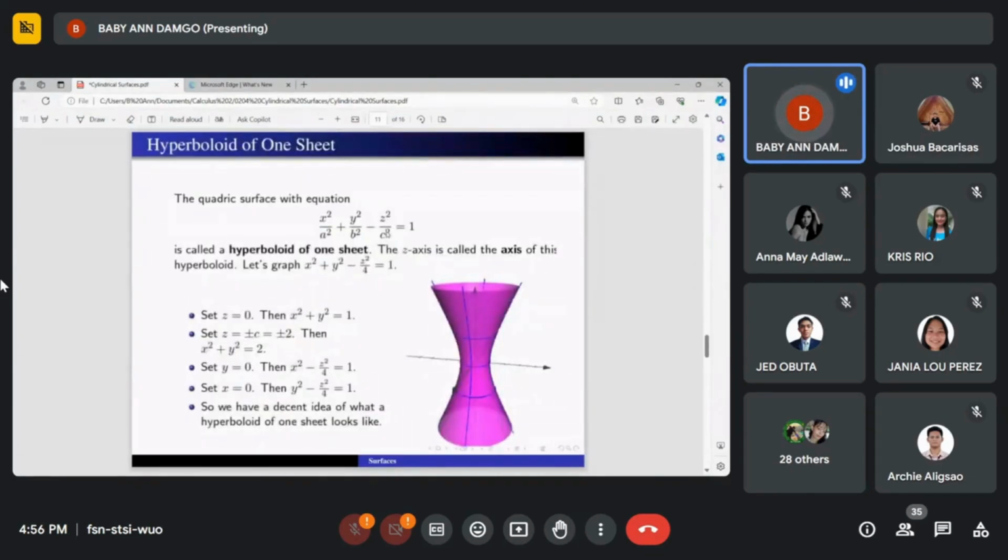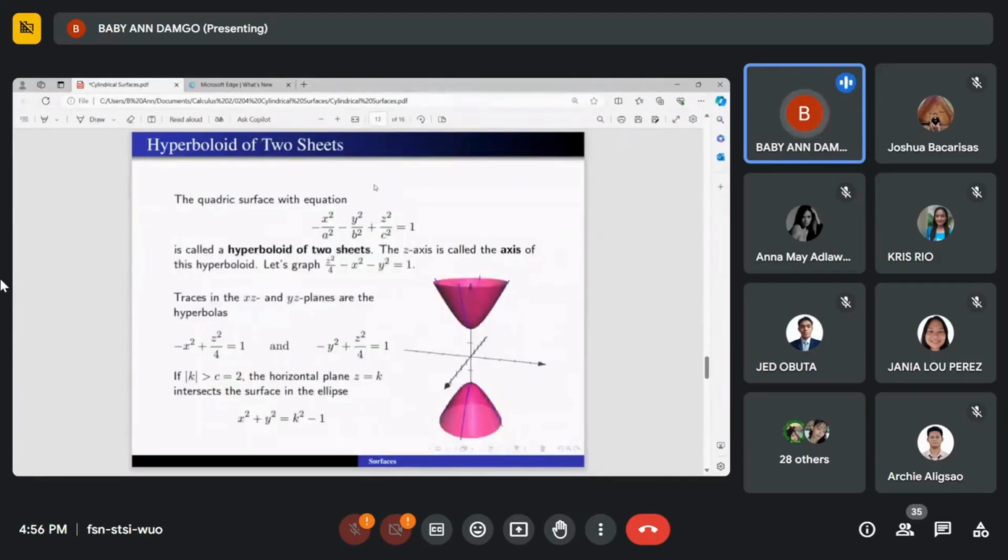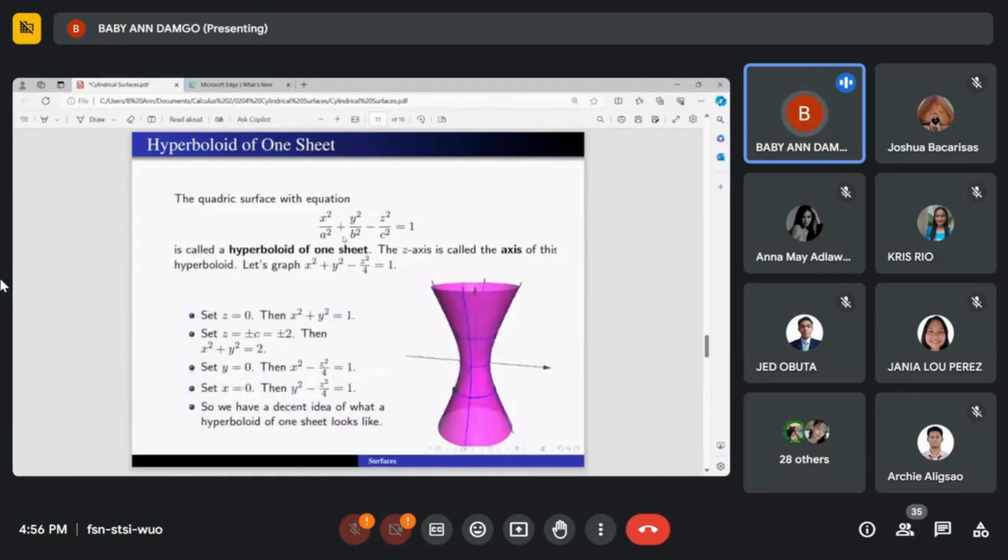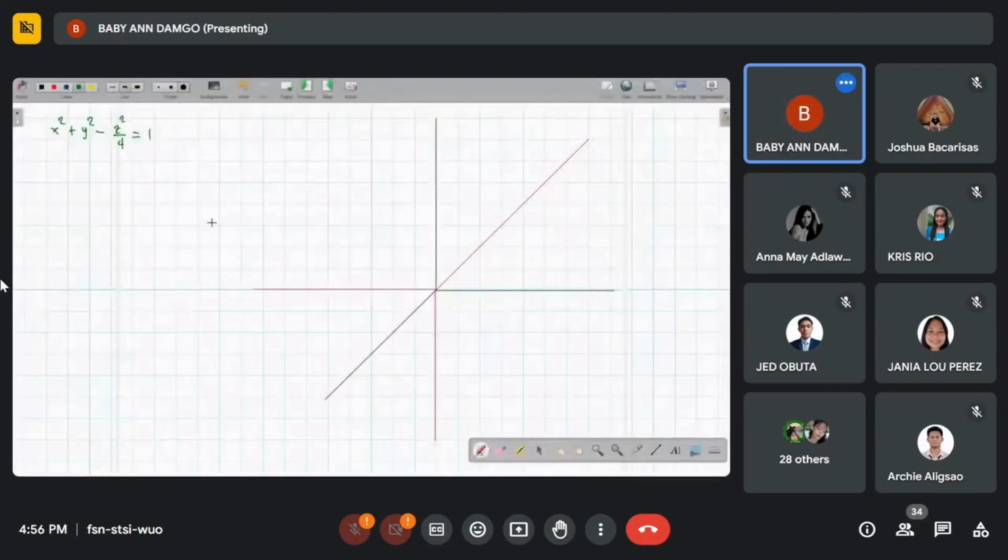And then, for the hyperboloid, we have isa siya ka minus for one sheet, and then for two sheets kay duha iyahang minus. So actually class, pwede ni siya ang minus naa sa x or naa sa y. Okay? So any of the three. Basta isa lang ka negative.